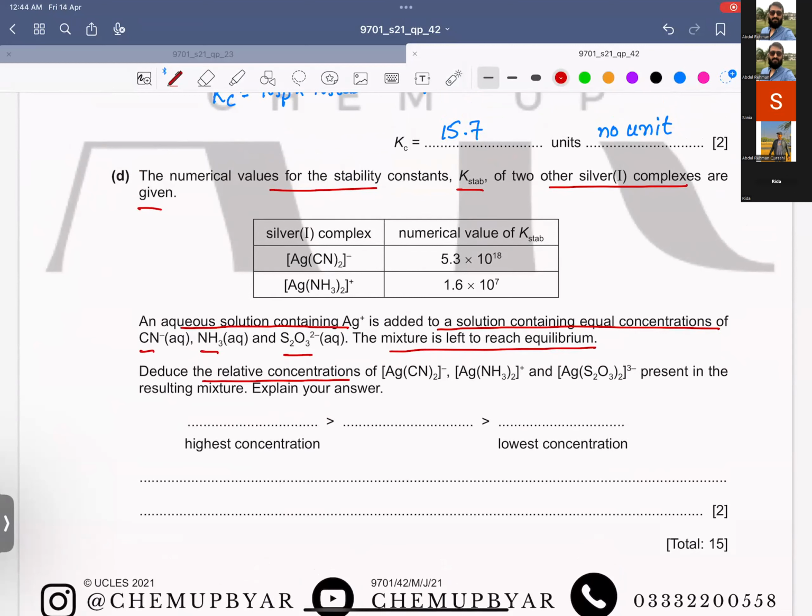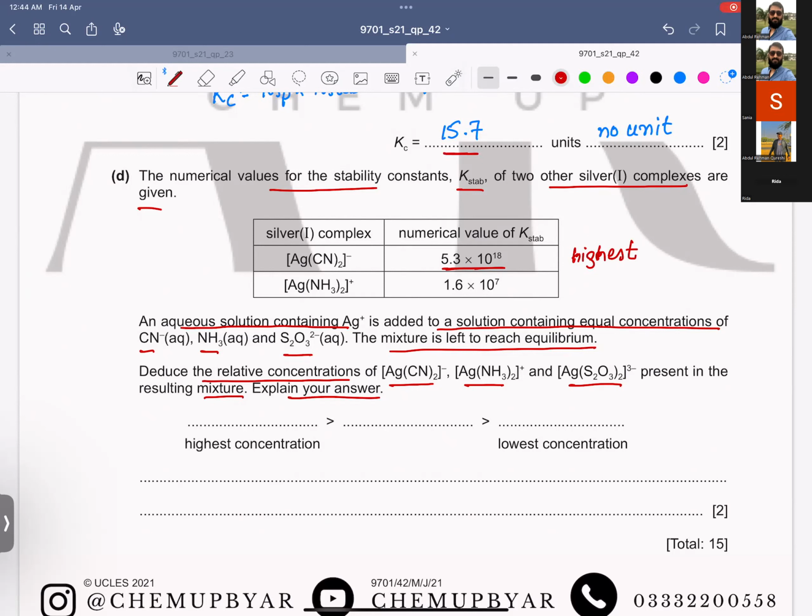Deduce the relative concentration of silver cyanide, silver ammine, and silver thiosulfate present in the resulting mixture. Explain your answer. If you see, the K step value of this one would be the greatest. So it means it must be in the highest concentration in the equilibrium mixture.